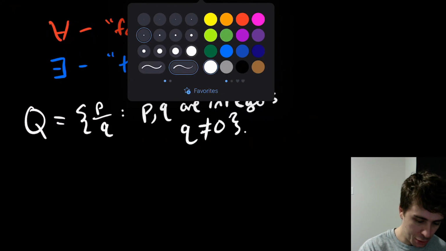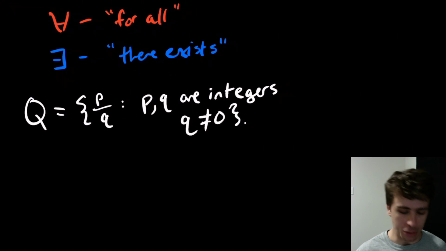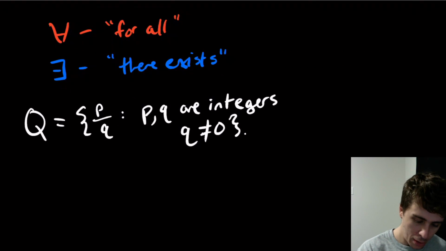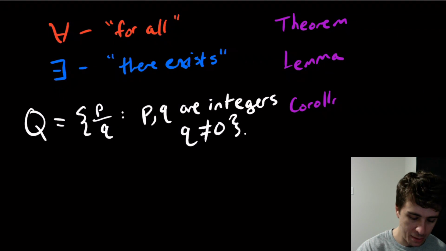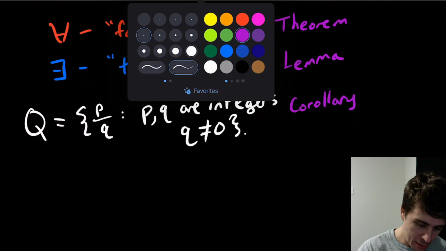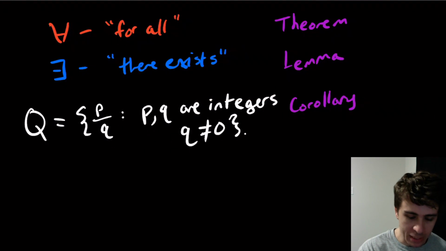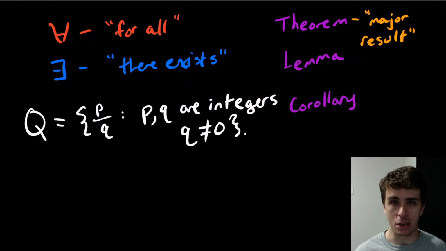Okay, so let's talk about some terms that are used in proofs. There are several things, such as theorem, and lemma, and corollary, and these are the main ones. If you have no idea what these mean, a theorem you can interpret as a major result. So it's some big result that you prove.